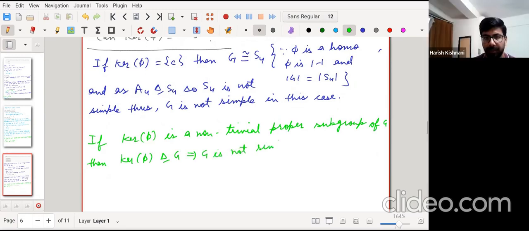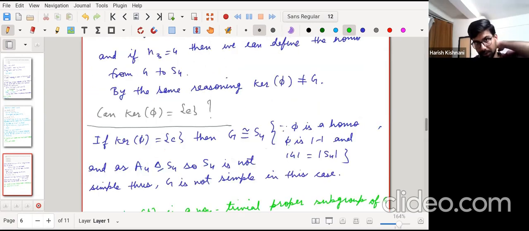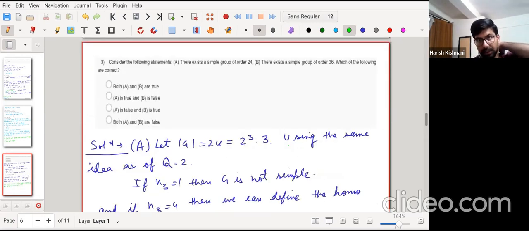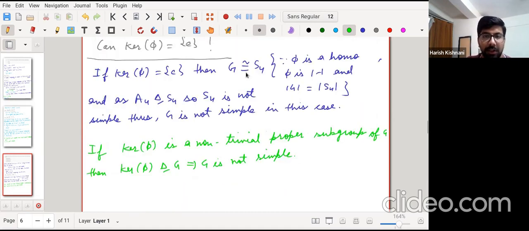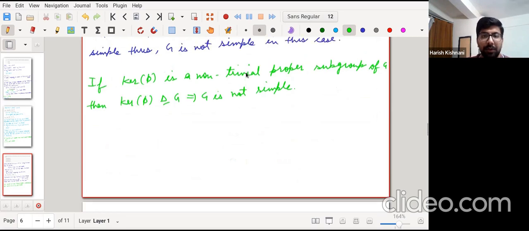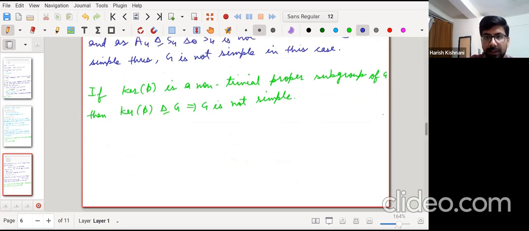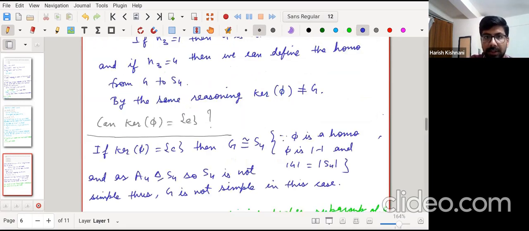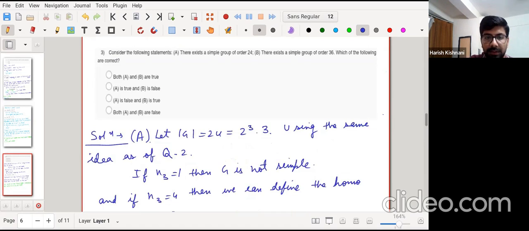So at least the first statement is not true, which says that there exists a simple group of order 24. There won't exist one, because all groups of order 24 are not simple. Now let's move to part B, which says that there is a simple group of order 36.